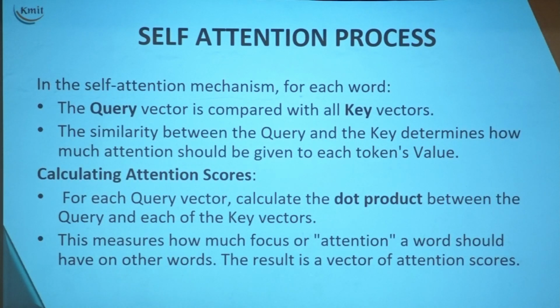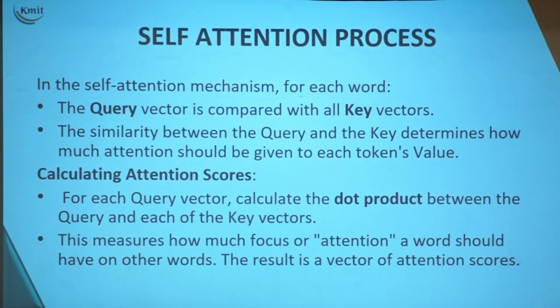In self-attention, for each word, the query vector is compared with all the key vectors. The similarity between query and key determines how much attention should be given to that token's value. Is this particular word important to take into my attention or not, or should I go for the next important word?